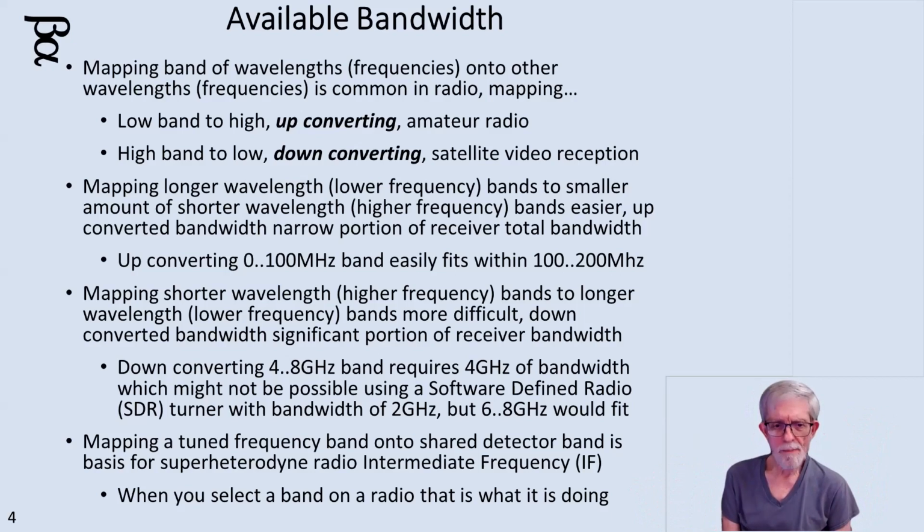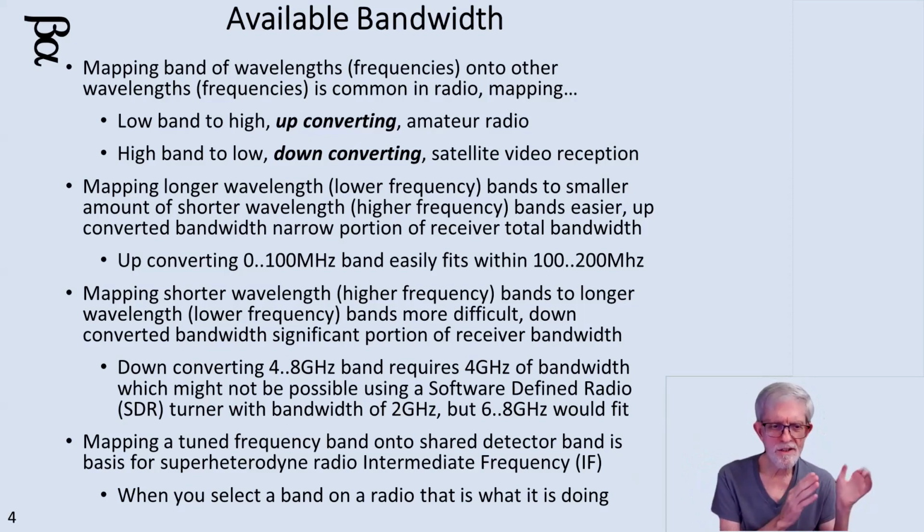Now, when you up convert something and you take a slice out of that wider wavelength and you put it into a narrower wavelength band, it's pretty easy to do because that wide bandwidth occupies less frequency range when you move it up.